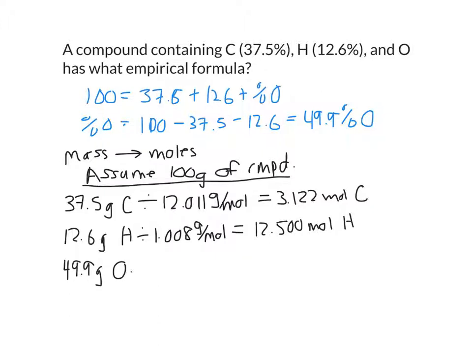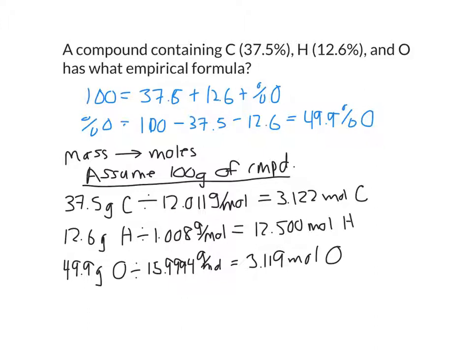And if I do the same thing for the oxygen, recognizing that oxygen has a molar mass of 15.9994 grams per mole, I will get 3.119 moles of oxygen. Okay, so that's the number of moles of each of these elements in 100 grams of the compound. But what I want is the lowest whole number ratio.